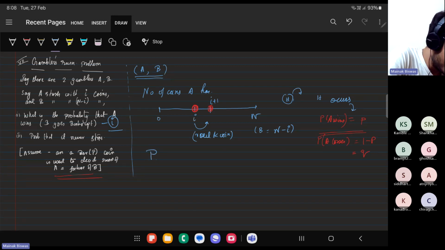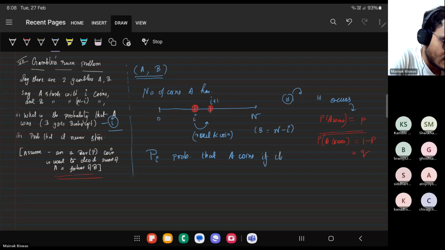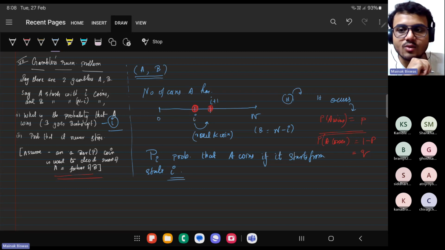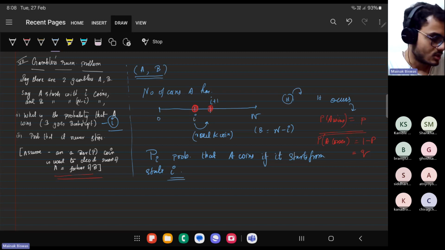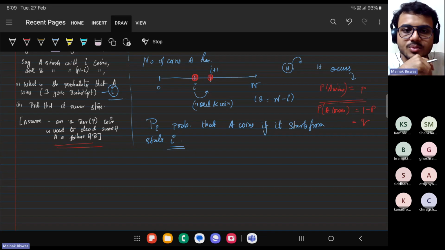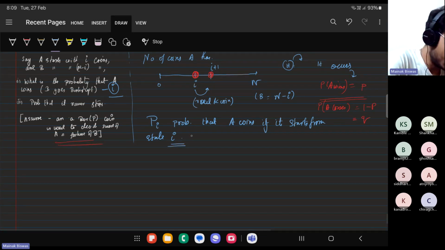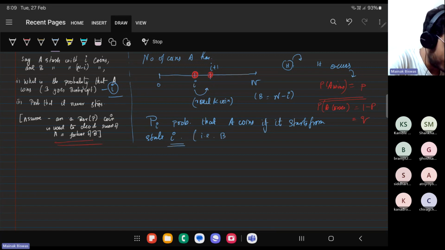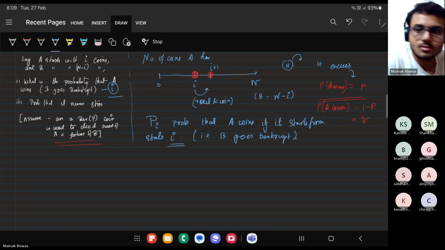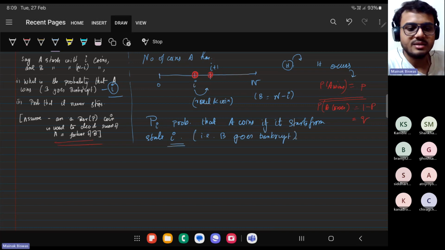Let us define capital P_I as the probability that A wins if it starts from state I. So if it starts from state I, what is the probability that it wins, that is, that B goes bankrupt? Any idea?